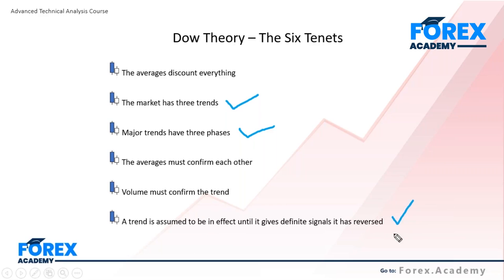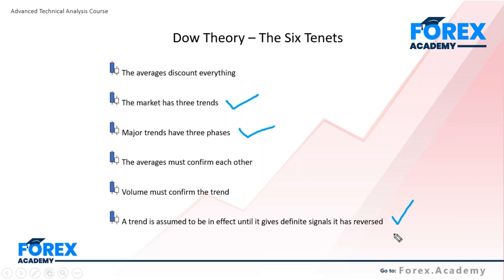So in front of you, you have the 6 tenets of Dow theory. In terms of what we will be focusing on in more detail today, because we'll be looking at trends, there are 3 aspects here that are perhaps more relevant for today's webinar. Firstly, the market has 3 trends. We'll look at this in detail shortly.